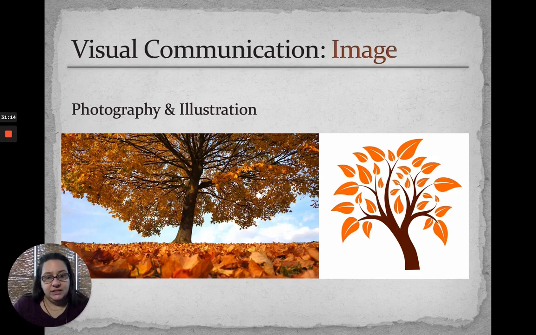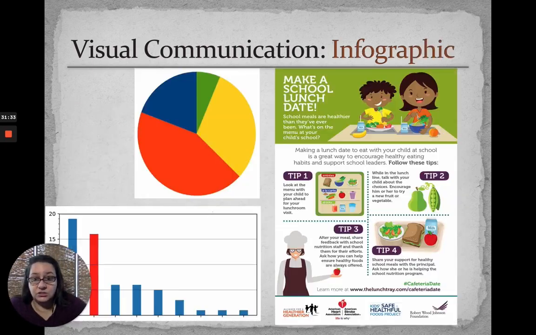Whereas when something is drawn, we know that a person had to create it, so it seems a little bit more artificial, and not as sophisticated, or usually the overall tones that we get. Now, it's not bad or good. It doesn't have a value attached. It's just what are you trying to communicate in your particular message.